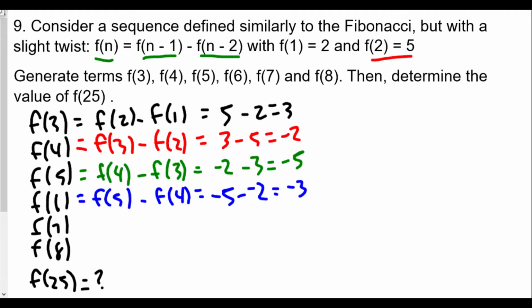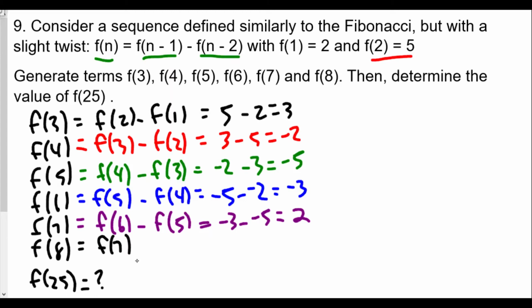Okay, and then we get f7 is f6 minus f5, again, the previous two terms, and f6 is negative 3, f5 is negative 5, so negative 3 minus negative 5 is 2, and then we have f8 is f7 minus f6. Well, f7 is going to be 2, and f6 is negative 3. We have 5. Wait a minute.